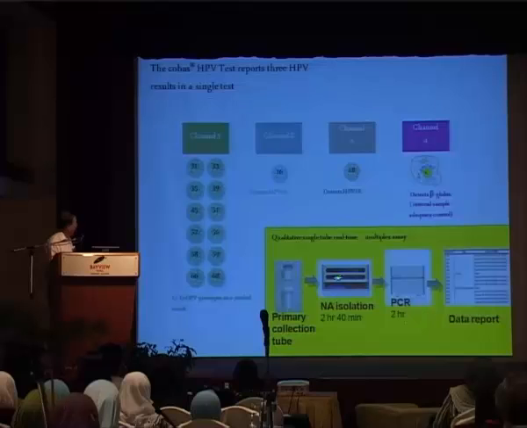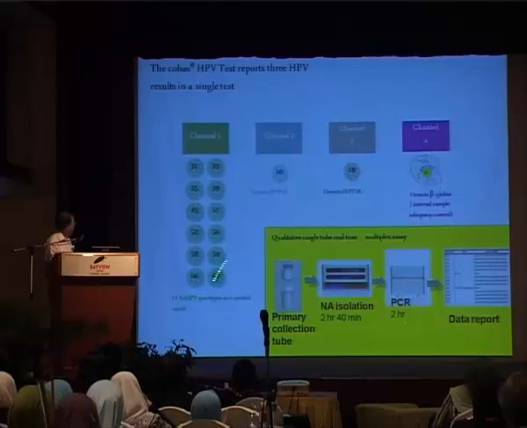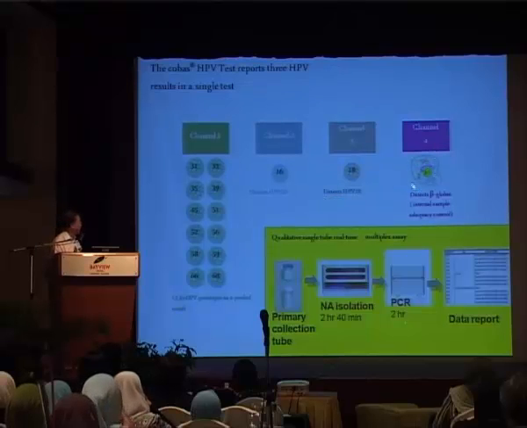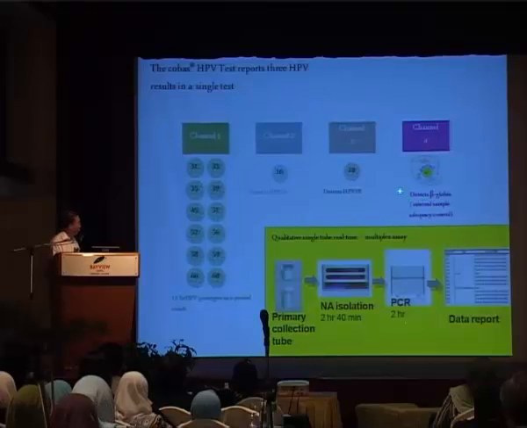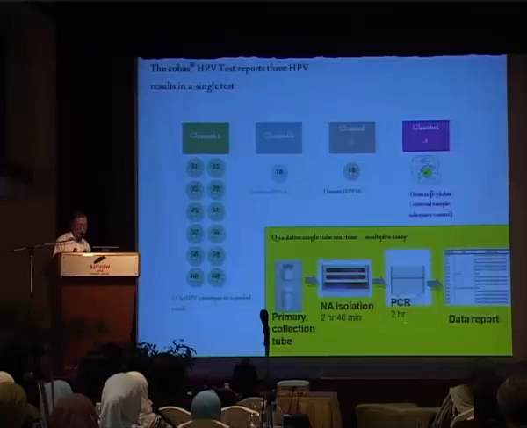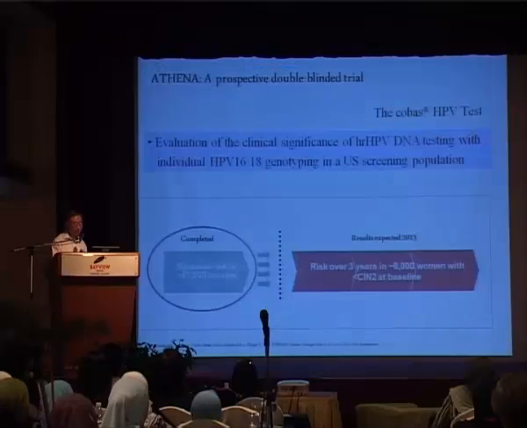What it would provide is one channel looking for the 12 subtypes of high-risk HPV, and separately one for the 16 and one for the 18. The other one, what we call the beta globin chain protein, is an internal control to make sure that the system has worked so that you could actually believe the results. The system has been validated and proved to be reliable.